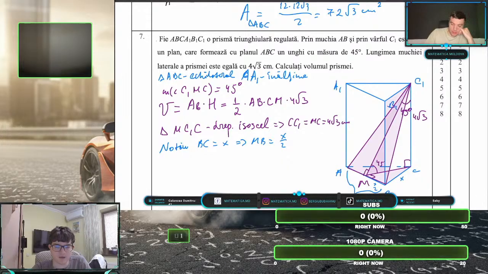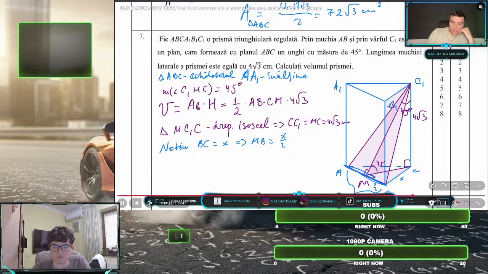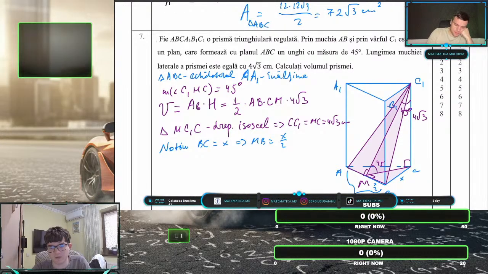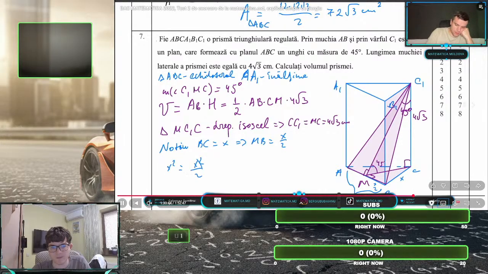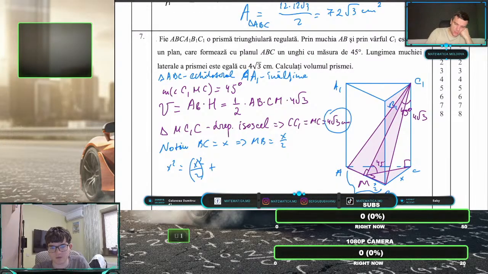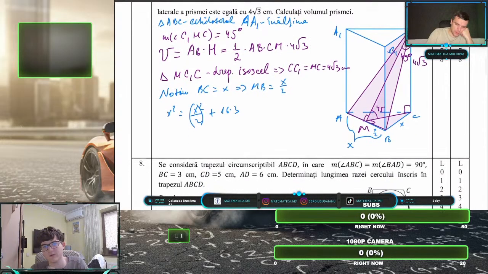Well, in that case, AB is just going to be BC, yes. So if you want to just do Pythagorean theorem there, Pythagorean theorem in triangle CMB. So it's going to be that, second power and so on, plus 16 times 3, that's just 4 square root of 3 all second power.